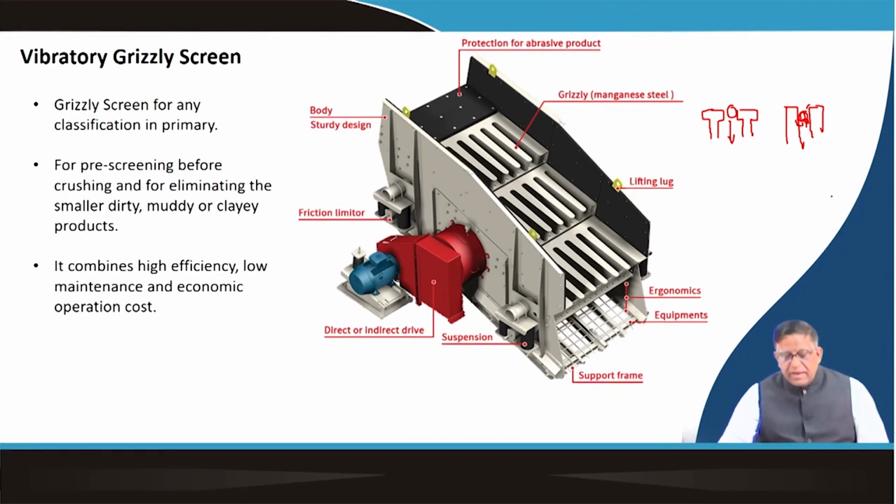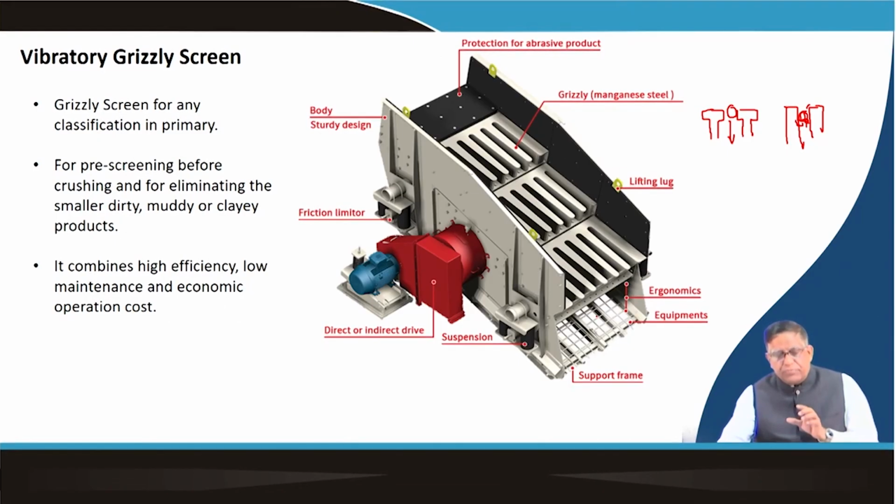So, that is why this type of grizzly screens must be seen so that, while in operation, they do not give a problem, and wherever there is any jam inside, ergonomically you will have to see that maintenance and other operations can be done well.